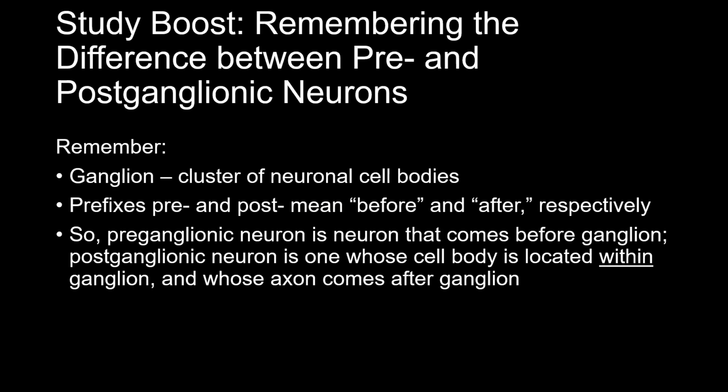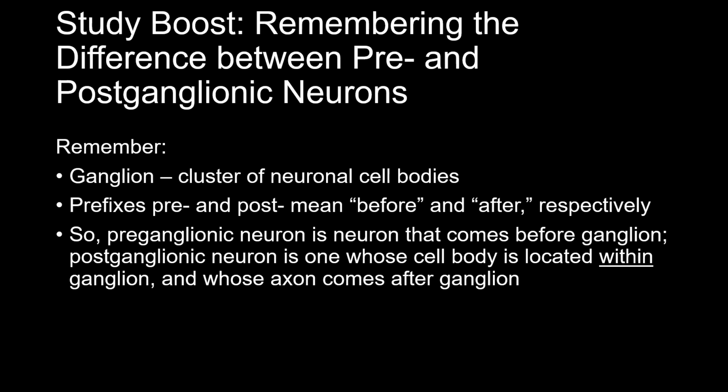So I want you guys to remember some of this stuff, so I put this in here. This study boost is to remember the difference between pre and post ganglionic neurons. So let's break it down. What is a ganglion? A ganglion is a cluster of neuronal cell bodies. So that is gray matter in the PNS, right?